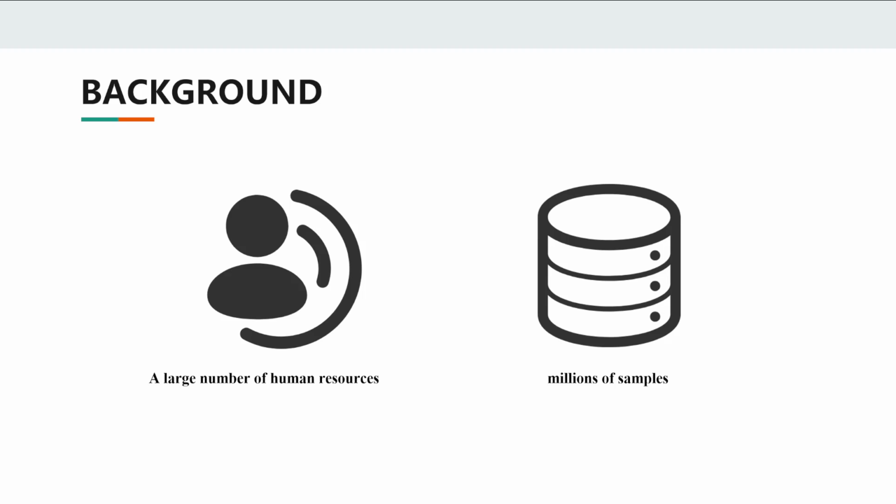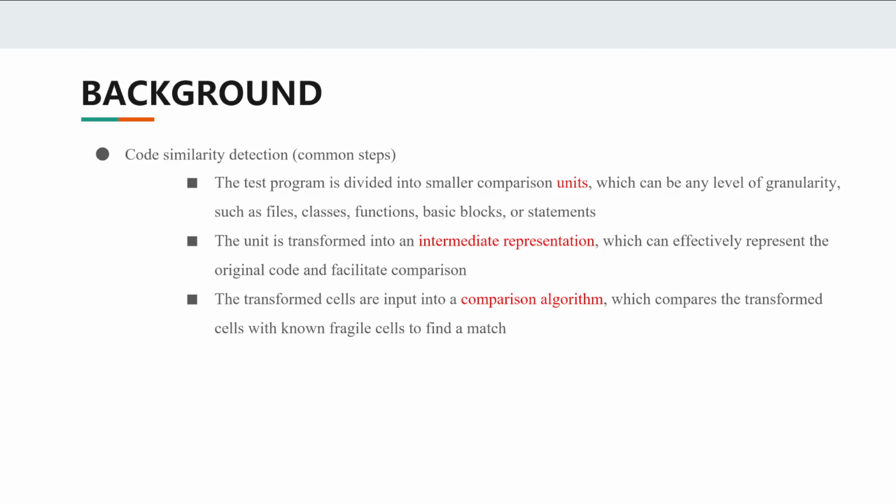In addition, an excellent deep learning algorithm may need to train on millions of samples to get a good model, but in reality, it is difficult for the same type of vulnerability samples to reach such a scale. Another problem is that the graph-based structure can easily lose the source information, and at the same time it can easily increase unnecessary comparison overhead and introduce a lot of useless information.